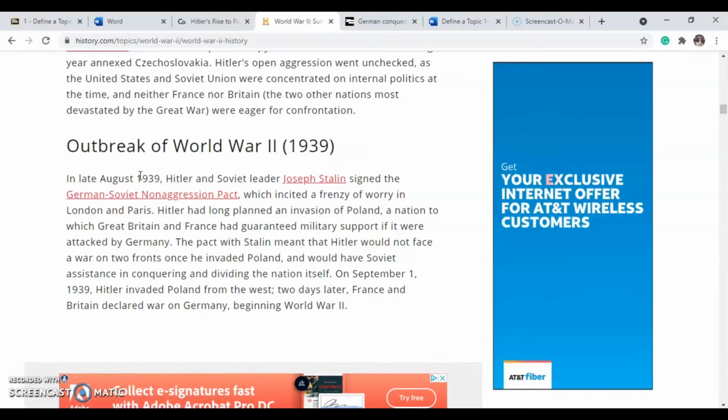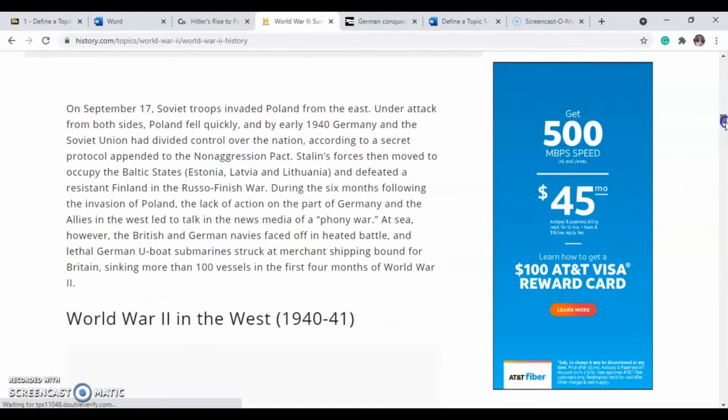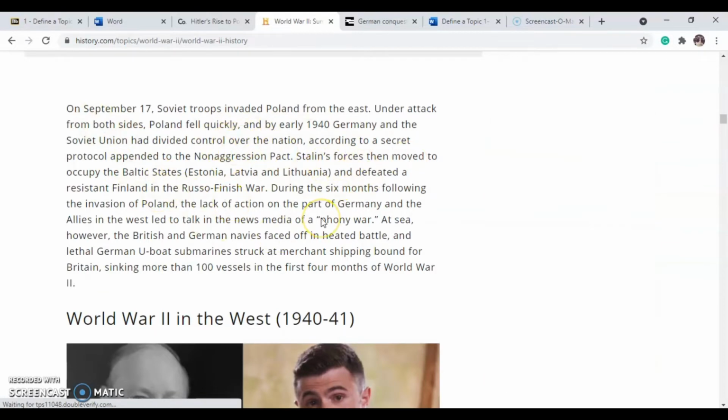Poland fell quick, and by 1940, the German and Soviet Union had control over Poland. Right here, they explain in detail how the Soviet troops and Germans attacked Poland.